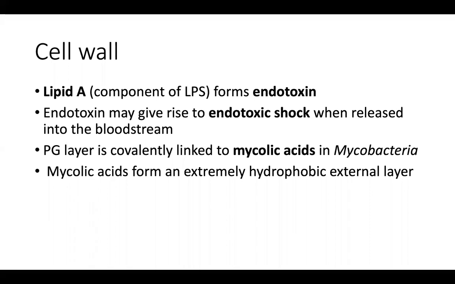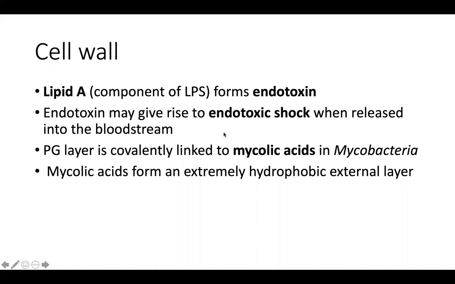Now, in some bacteria, you have the peptidoglycan layer being covalently linked to mycolic acids. An example is the genus Mycobacterium. So you're going to come into contact with the genus Mycobacterium, one of the important species in this genus being Mycobacterium tuberculosis, which causes TB.